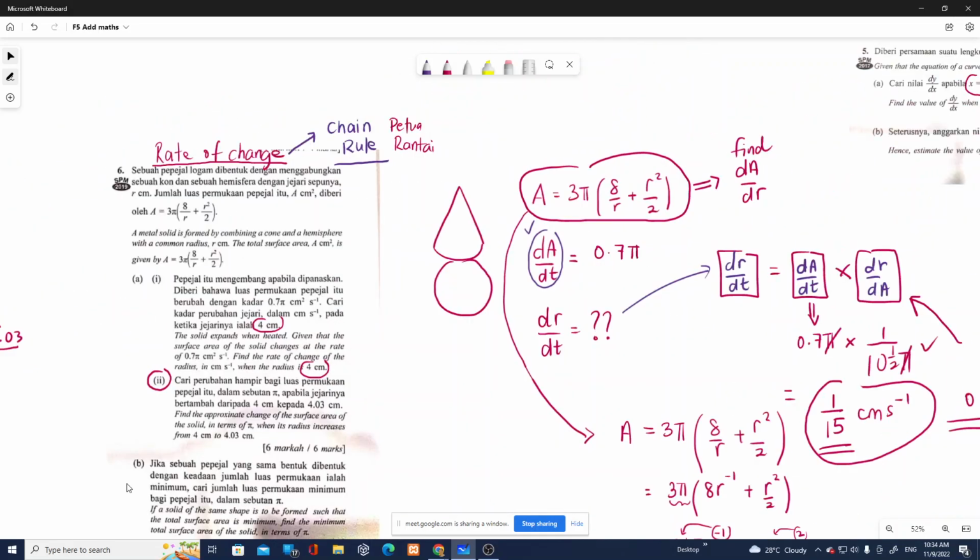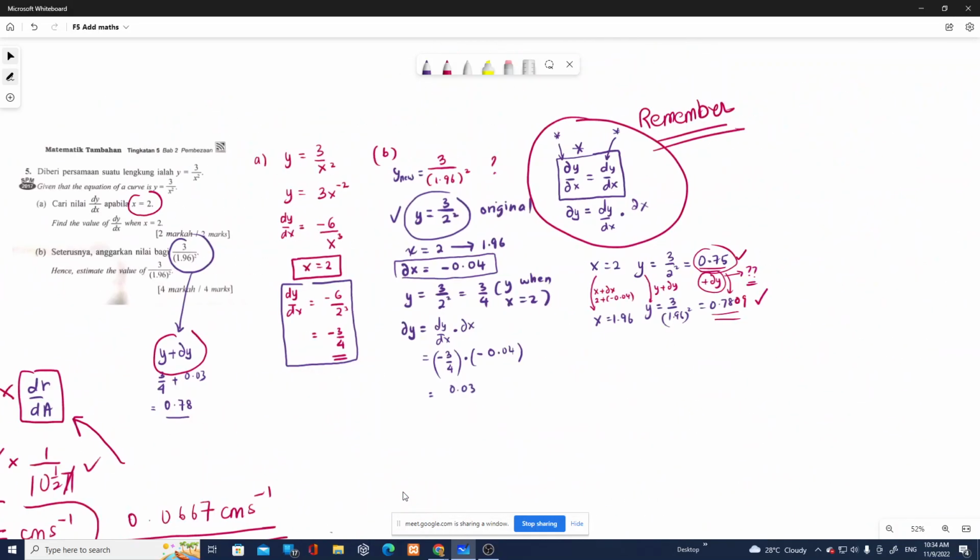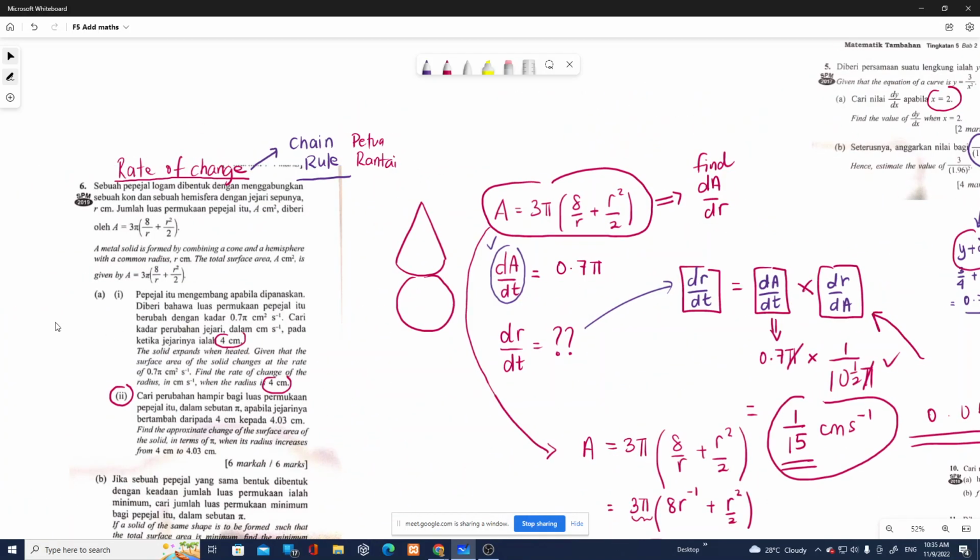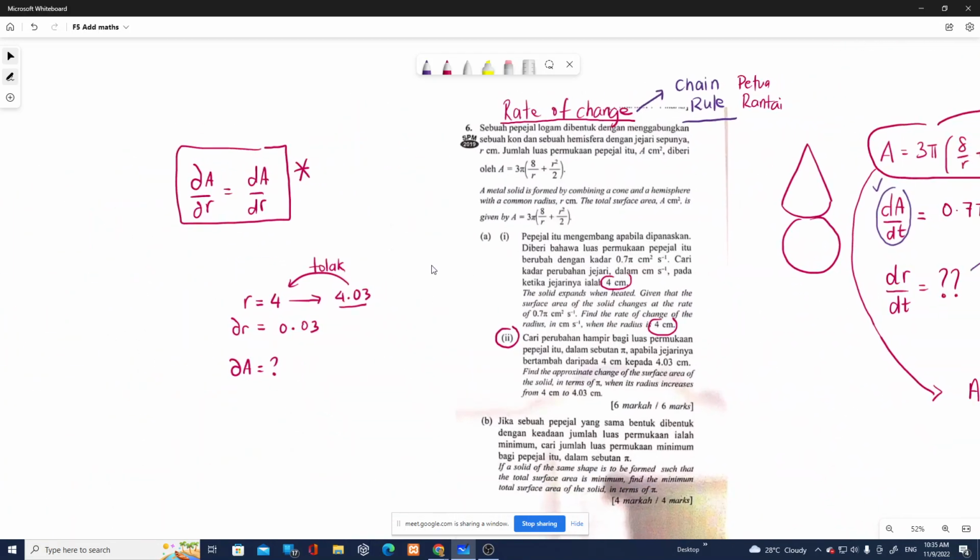Okay, ataupun tadi soalan nombor asal tadi. I already said, kamu kena tahu delta something over delta something equal to d something over d something. This one. Okay, but for this question, you need to know delta A bahagi delta R sama dengan dA per dr.